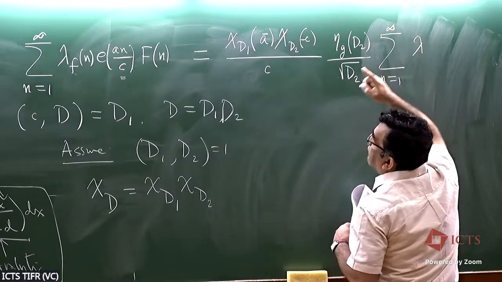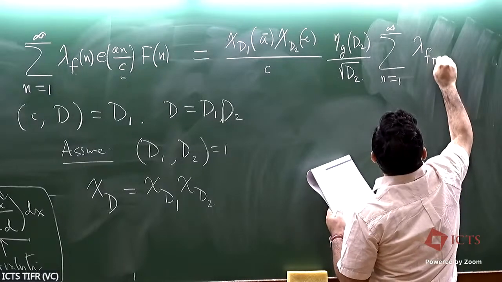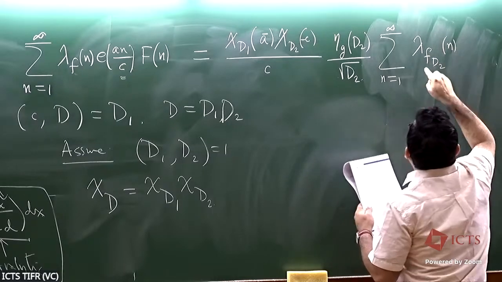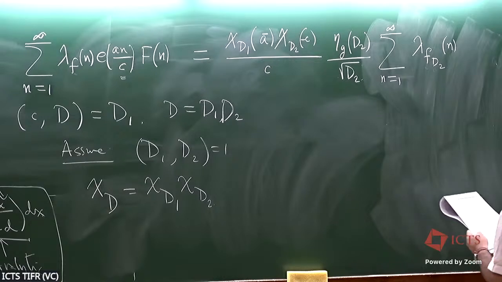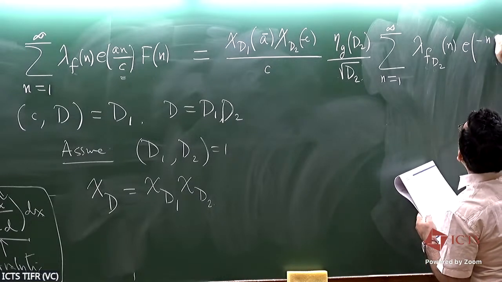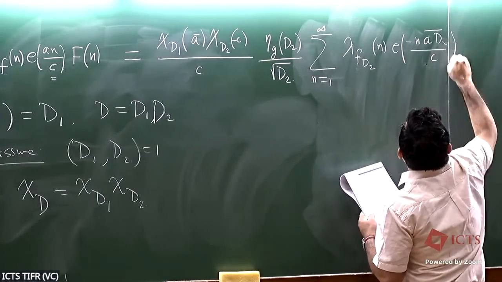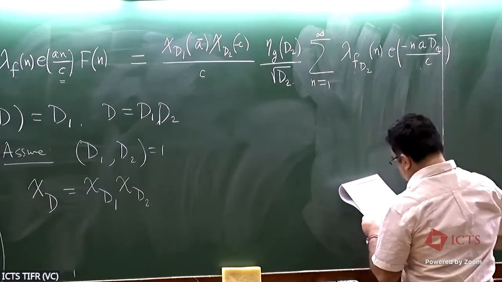You don't really have f here, but you have lambda f(D2 n), and I'll tell you what lambda f(D2) is, times e(-n a D2 bar / c D2).